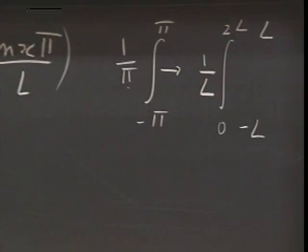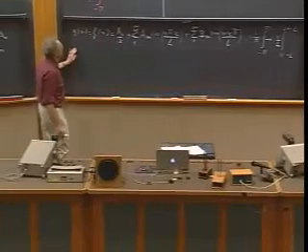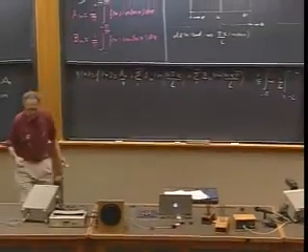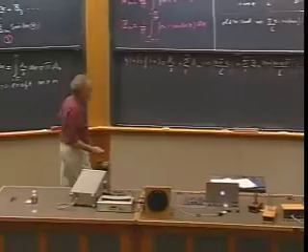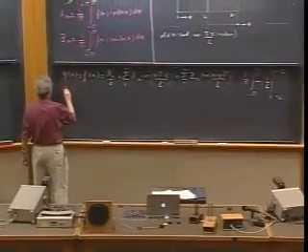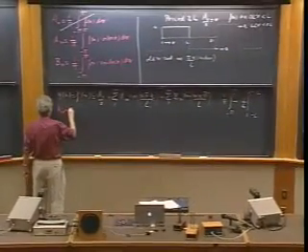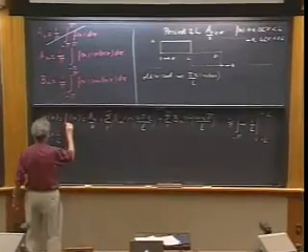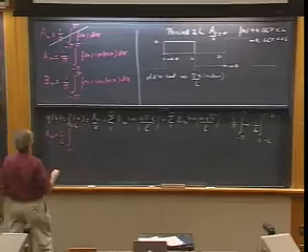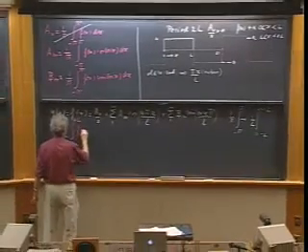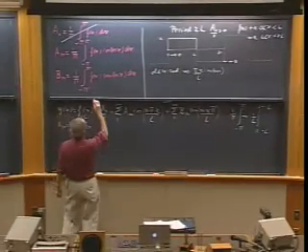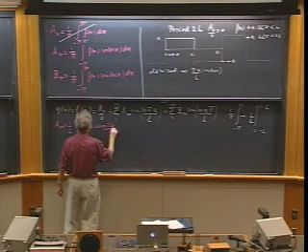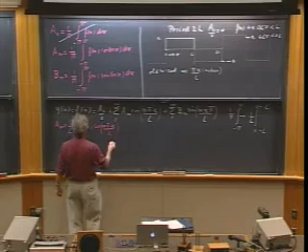And so, to make sure that you're not going to get confused, I'm going to rewrite the recipe for you, and I might as well do that again in red. So we now get that A of m is 1 divided by L times an integral, let's just go from 0 to 2L, of our function of x, times the cosine of m pi x divided by L dx.